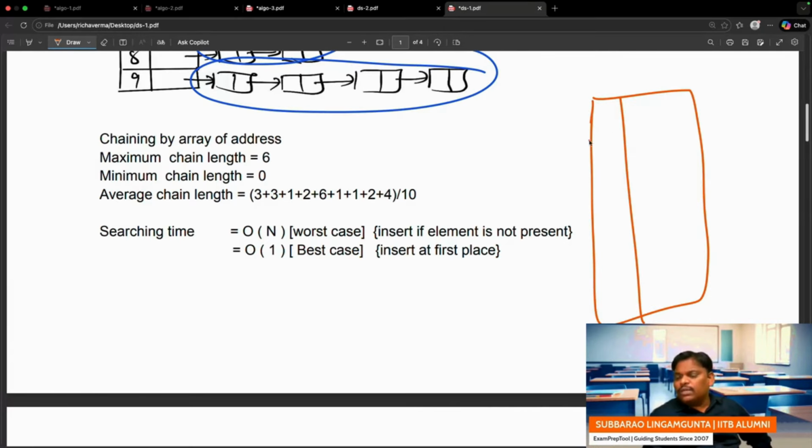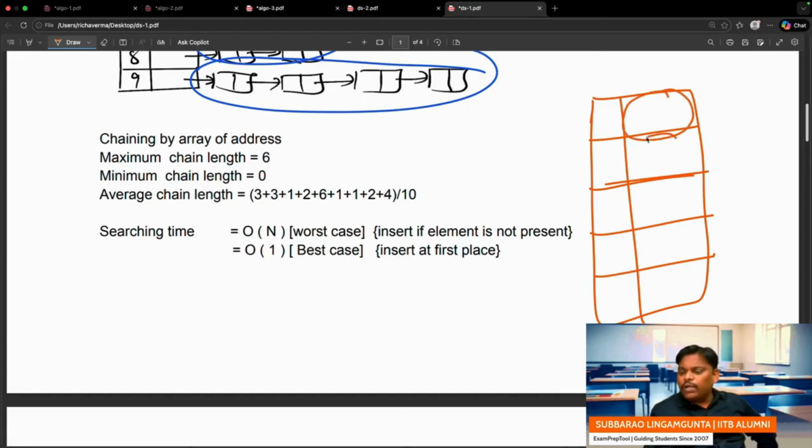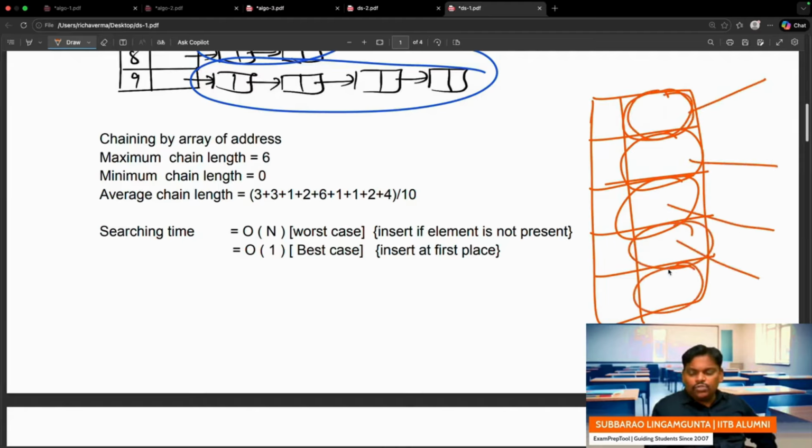Here you store one linked list address, here one more linked list address, one more, and one more. So you create many linked lists like that.